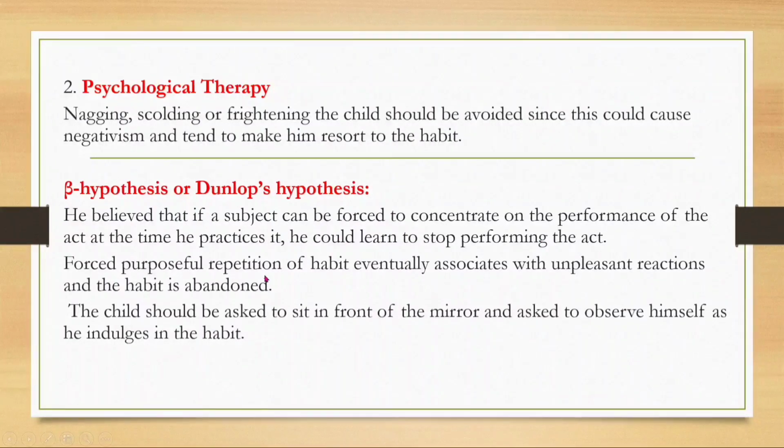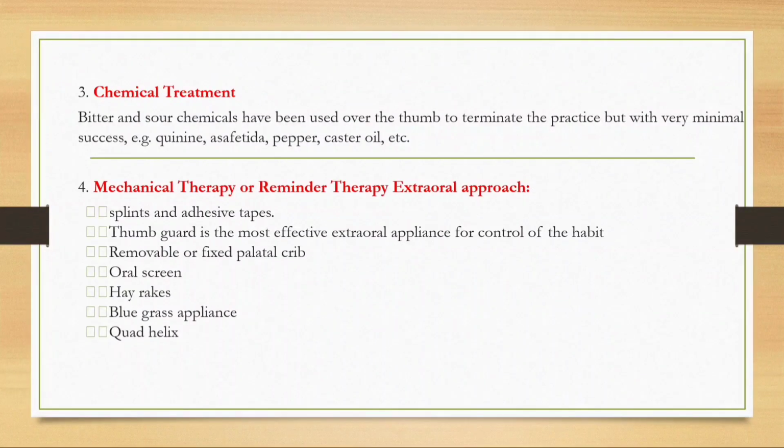Forced purposeful repetition of a habit eventually associates with unpleasant reactions and the habit is abandoned. So the child should be asked to sit in front of a mirror and observe himself as he indulges in the habit. In chemical treatment, bitter and sour chemicals can be applied, like quinine, pepper, castor oil, etc.